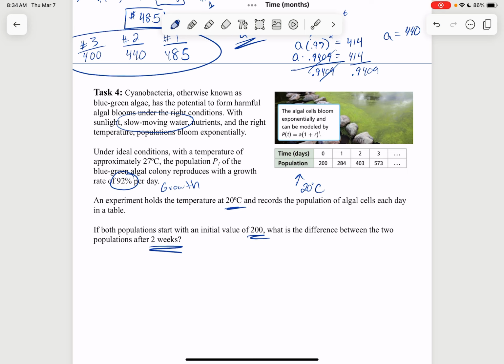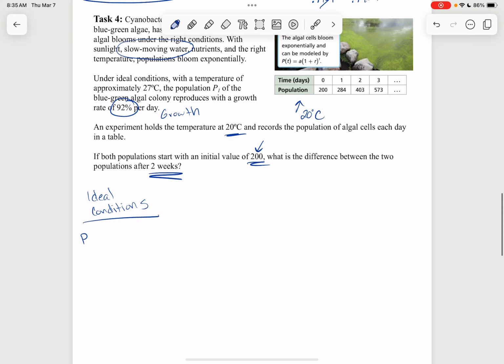Okay, so first I'm going to create an equation for under ideal conditions. We start with 200, so there's my initial value. So P sub 1 of t is going to start with 200. It's going to grow at a rate of 92%, which is 92 per 100, which is 0.92.